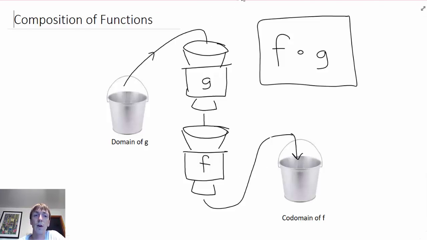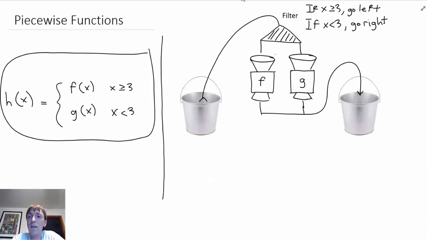Okay, so the last way that we combine functions in this class is something called the piecewise function. So the way that a piecewise function works is you're taking the two functions, f and g, and basically you're going to decide which rule you're going to use, either the f rule or the g rule, based on what your input looks like to begin with.